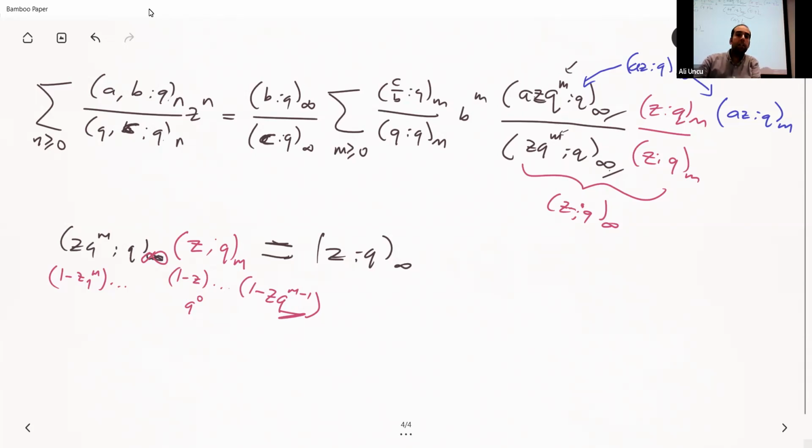But right now, I just multiplied the numerator with something. So I need to divide with the same thing to keep everything the same, right? Perfect. Now, this factor on the bottom, I will use it to combine with the other q-Pochhammer so that I can take that q-Pochhammer outside. The top q-Pochhammers, these two, I will combine them so that I can take it out.